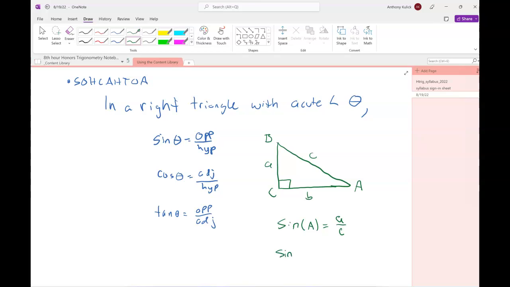And if instead we did sine of B, we would write little b over c. Yep. Everybody cool with that? Remember that opposite, adjacent, hypotenuse is relative to the angle you're taking the sine or cosine or tangent of. That all ring some bells?